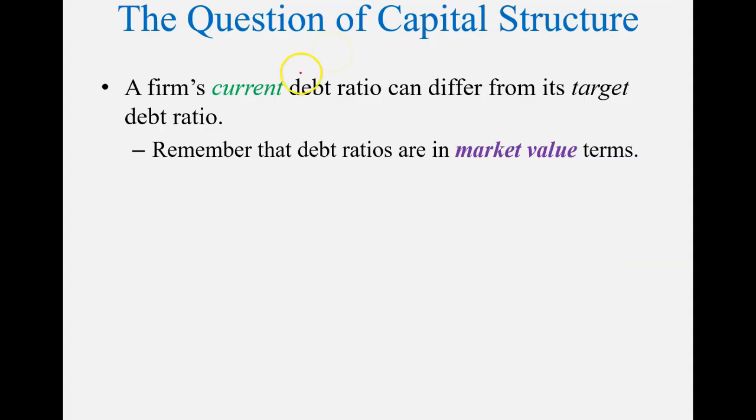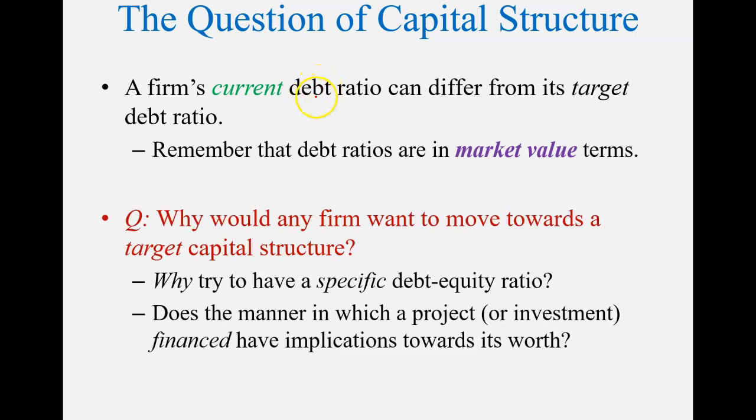The ultimate question of capital structure is that, look, how can we structure our capital in an optimal manner? What I mean by that is, is there a specific debt to equity ratio that we should target? Go back to the Midland Energy case.